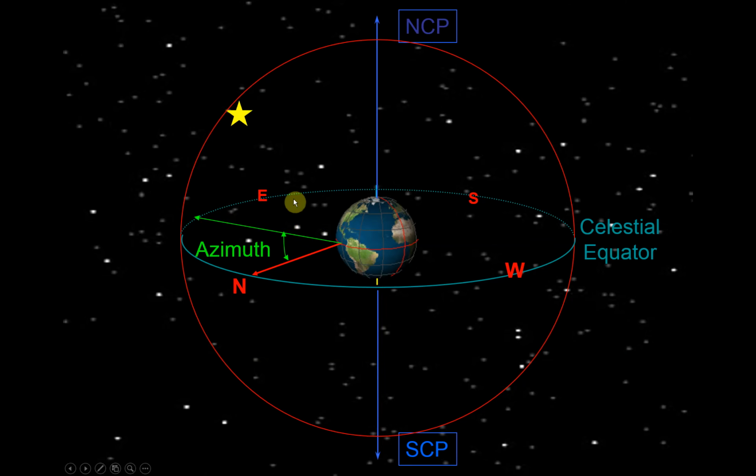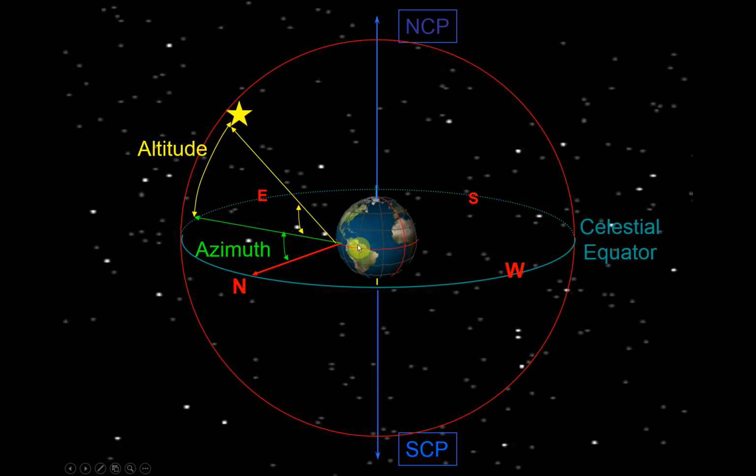So this is our azimuth angle. We are then, after we're pointed at the star, going to elevate. So we'll then go through however many degrees it is to look at this star. So azimuth is the angle around the sphere, and altitude is the angle upwards.